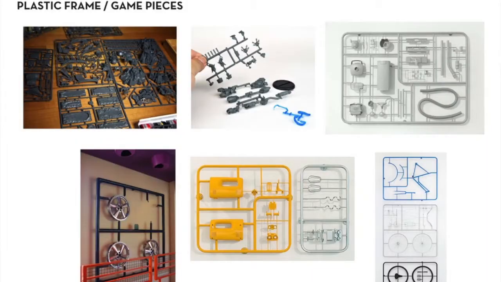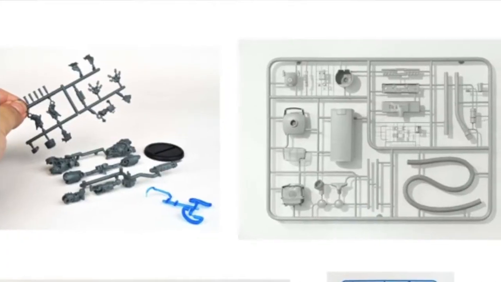The next idea I had was this plastic frame game pieces that they still make today. The way that the objects are connected and can be interchangeable is a concept that I thought was pretty interesting. So I found some examples of this with signage.